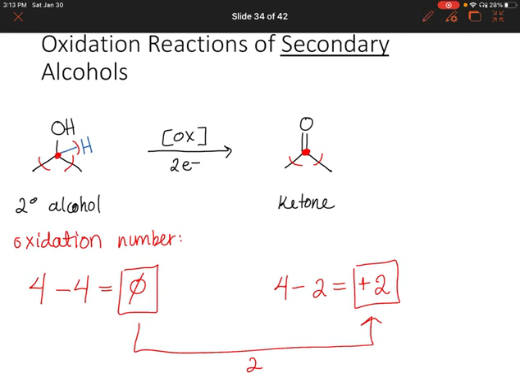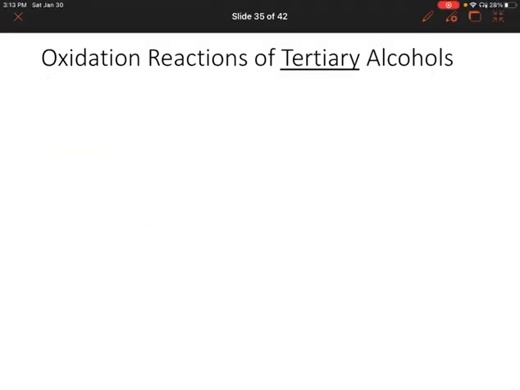Now, what about tertiary alcohols? Let's look at oxidation reactions of tertiary alcohols. All right, so what product do we expect if we oxidize a tertiary alcohol?